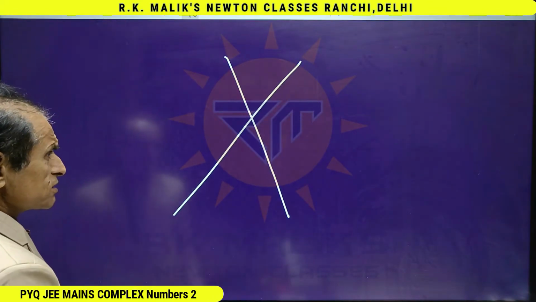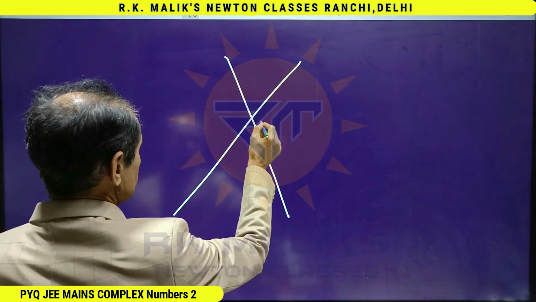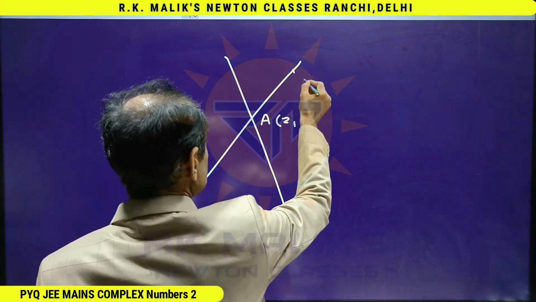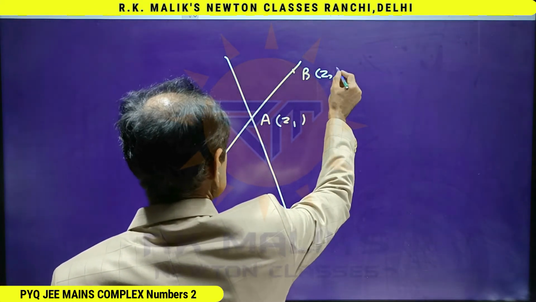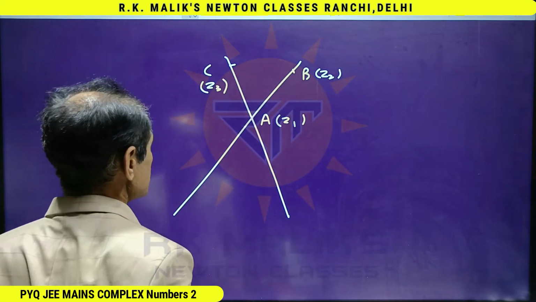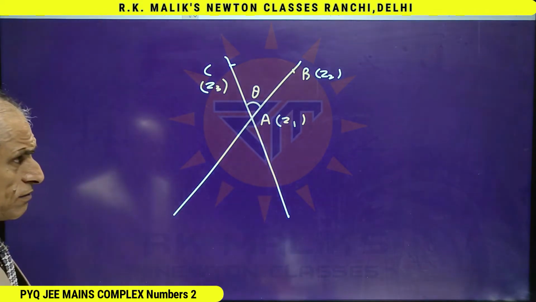Suppose these are two lines intersecting at a point A whose fx is z1, B is z2, the fx of C is z3, and I want to find this angle.